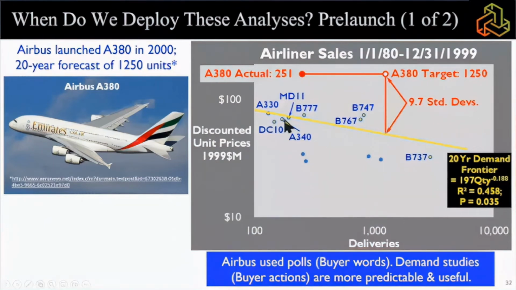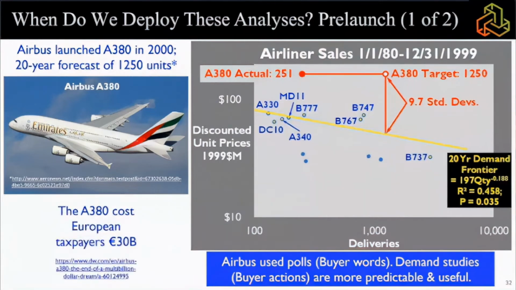So the actions are this, and the words were that, and those two things didn't match up. And in the end, oh my golly, it cost the taxpayers maybe 30 billion euros, according to this little deployment here.